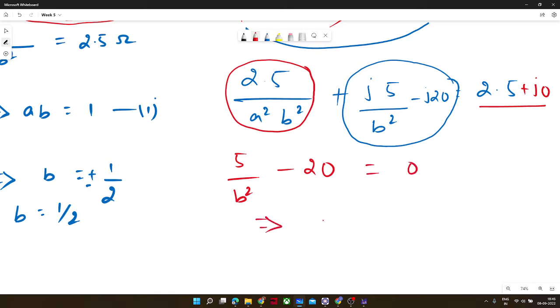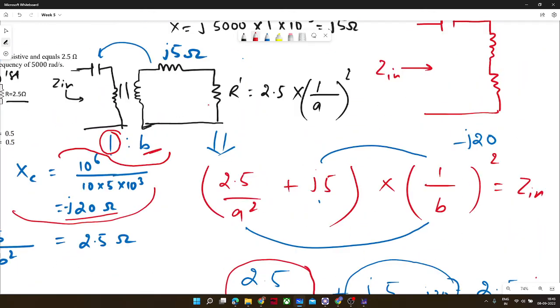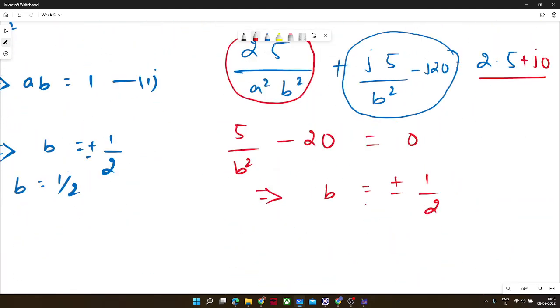Then you will get b equal to plus minus half. But we cannot take the minus sign because it is from the resistance and inductance side. Resistance and inductance both cannot be negative. So for that purpose, b would be equal to half.